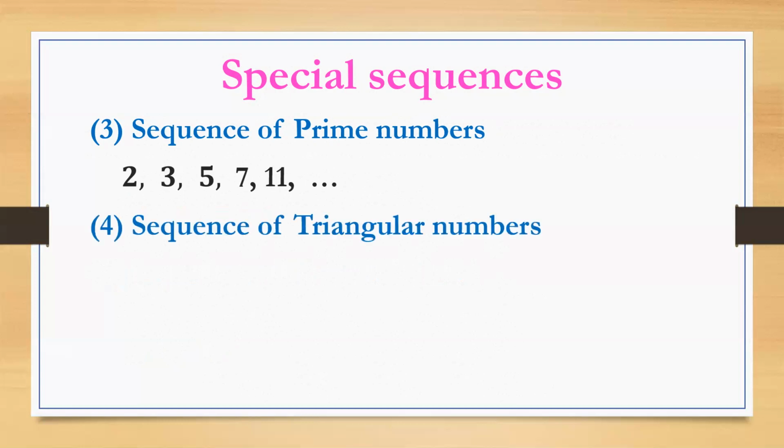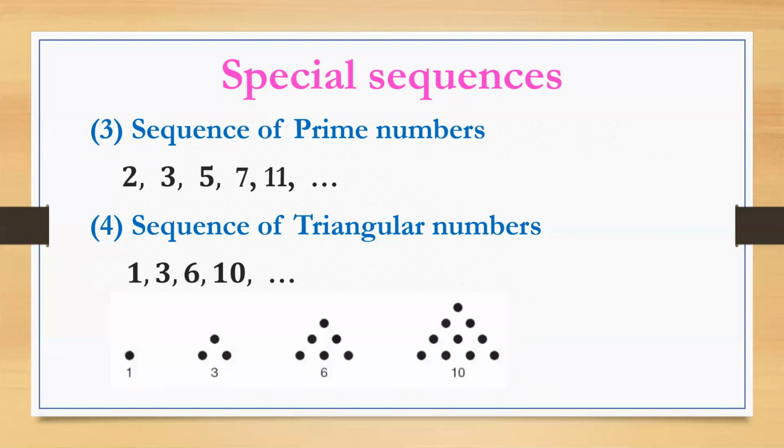We also have a sequence of triangular numbers. You still remember what is a triangular number? 1, 3, 6, 10 will form the sequence of triangular numbers. Look at these diagrams. You can see that the numbers 1, 3, 6, and 10, they are forming triangles.